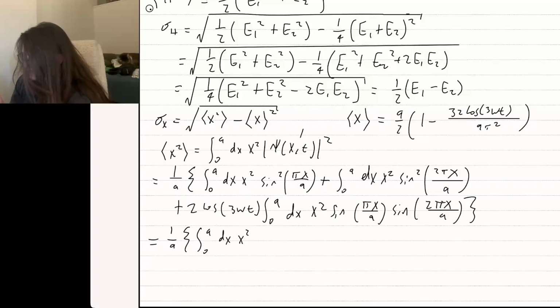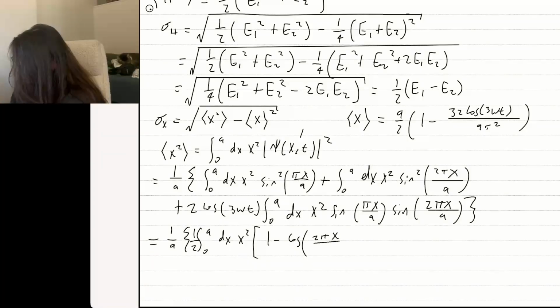Sine squared of anything is just 1/2 times 1 minus cosine of twice the argument, so I'm going to pick up a factor of 1/2, and 2 pi x over a here. We get plus 1/2 integral 0 to a dx x squared times 1 minus cosine 4 pi x over a.